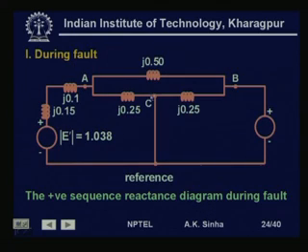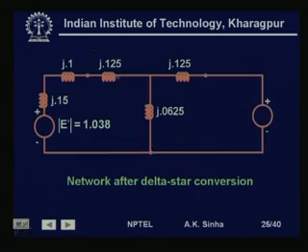Now, when the fault has occurred at the middle of the line, again we have the circuit relationship like this. E is given as 1.038. This is the transient reactance, this is the transformer reactance, and this is the line 1, and this is the other line where the fault has occurred at the middle. Now, we have this delta formed, which we can convert into a star. So, if we do that, then we get this as 0.125, 0.125 and j0.0625.